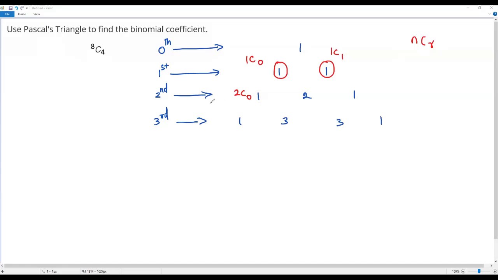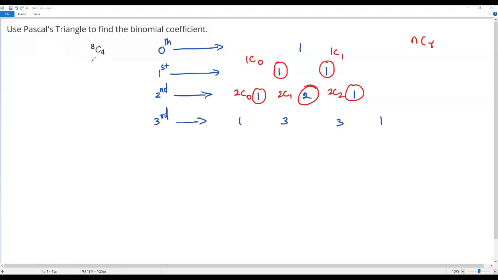So for all the elements in the second row, the value of n is 2. The first term is 2C0, the second term is 2C1, and the third term is 2C2. Whenever I go to the last term of a particular row, the value of n and the value of r in the combination must be the same. In the third row, these are 3C0, 3C1, 3C2, and 3C3.